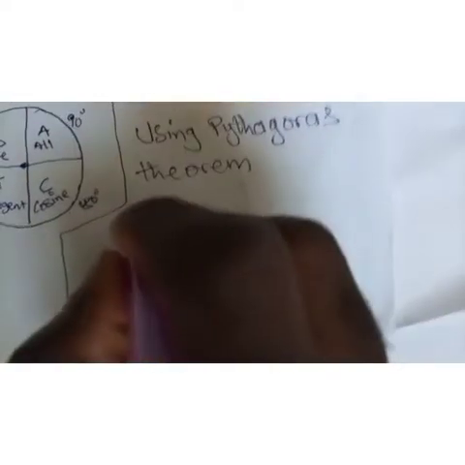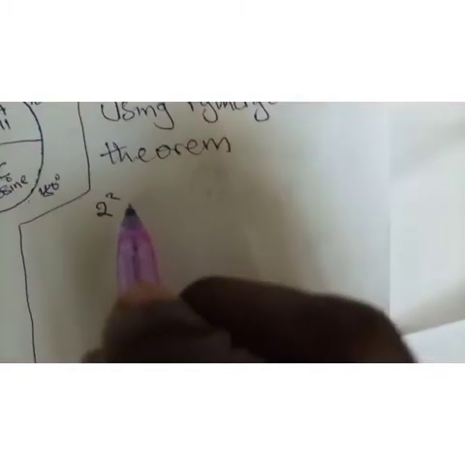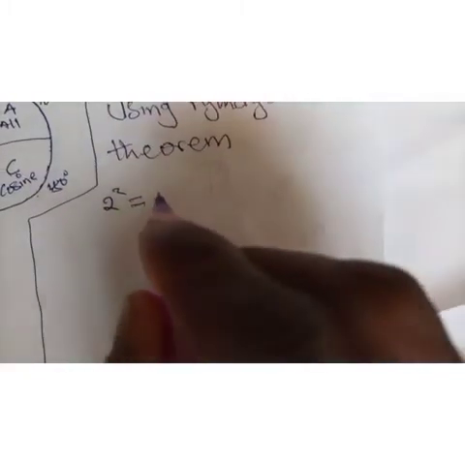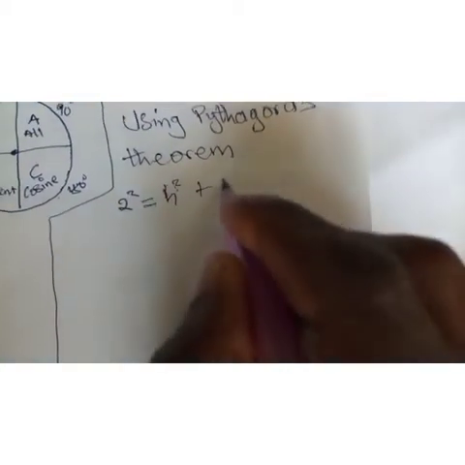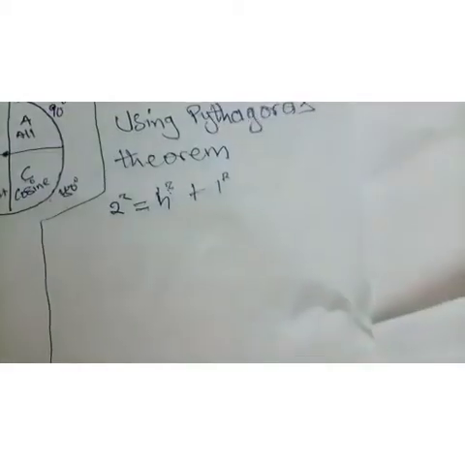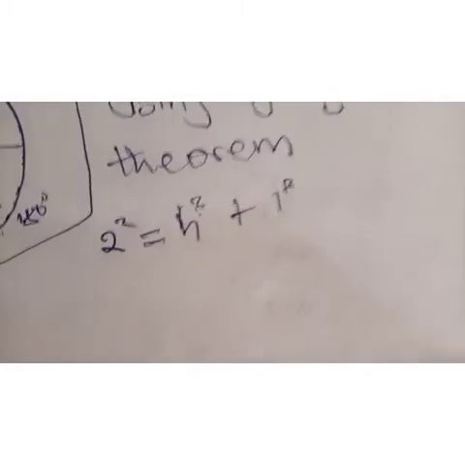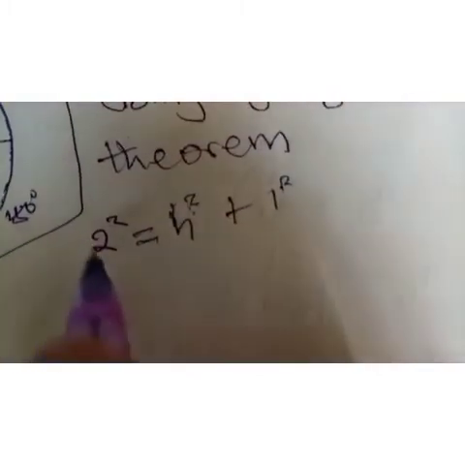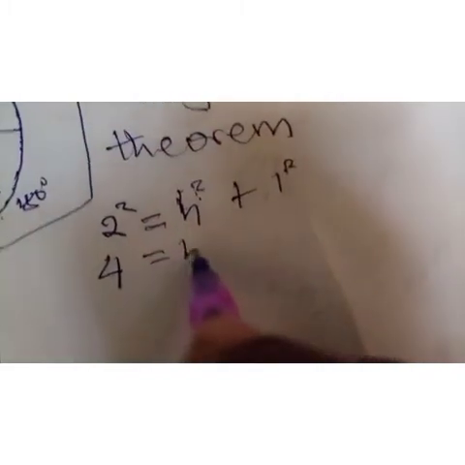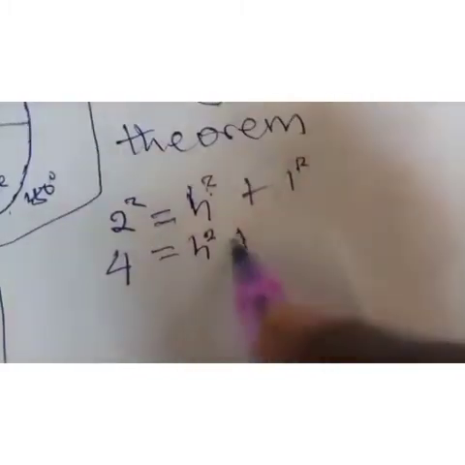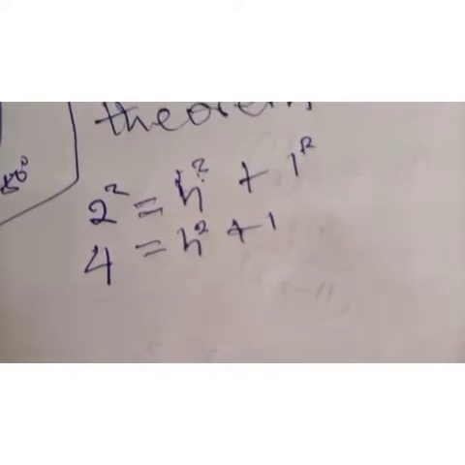So we say 2 square, which is the hypotenuse, is equal to h square plus 1 square. So 2 square is equal to 4, which is equal to h square plus 1 square. 1 square is 1.